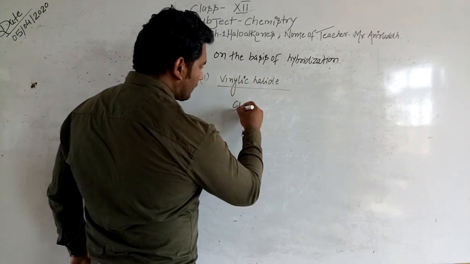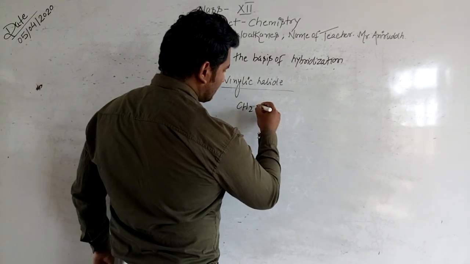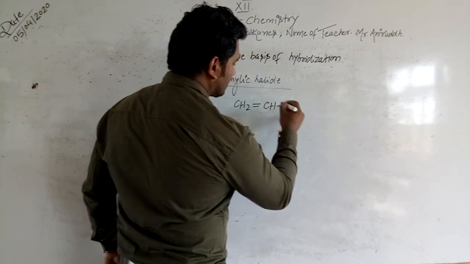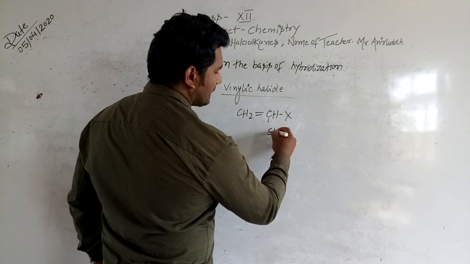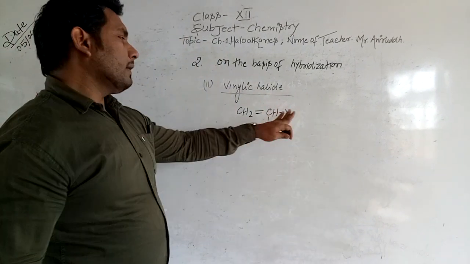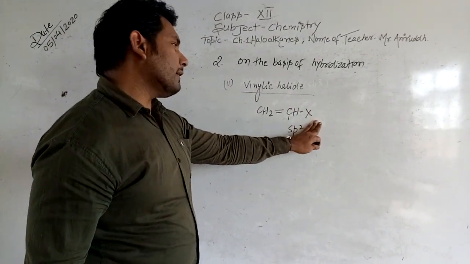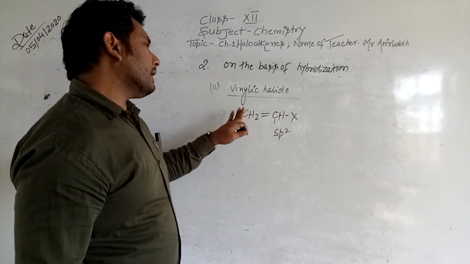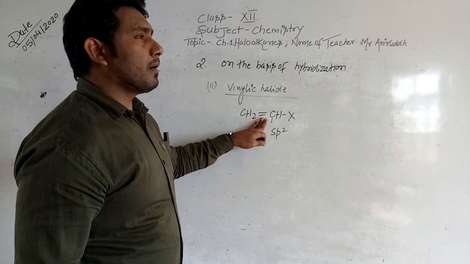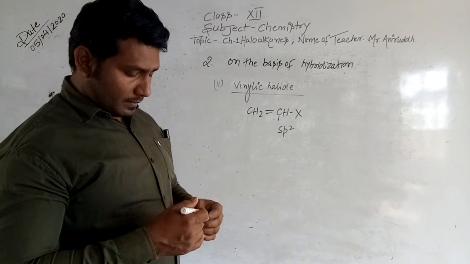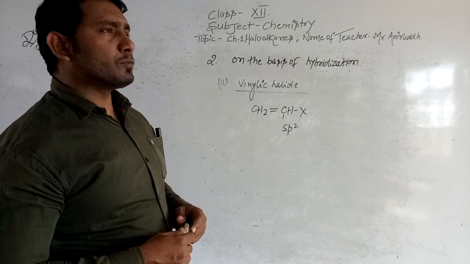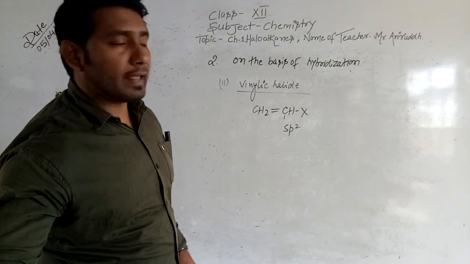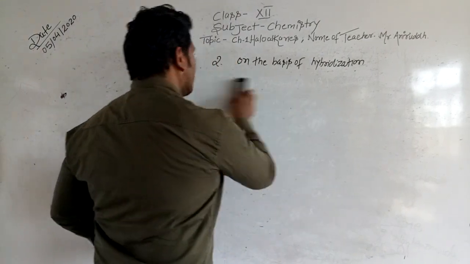The representation for vinylic halide is CH2=CHX. This is sp2 hybridized. When the halogen atom is bonded with a carbon atom which is further bonded with another carbon atom by a double bond, that is known as vinylic halide.